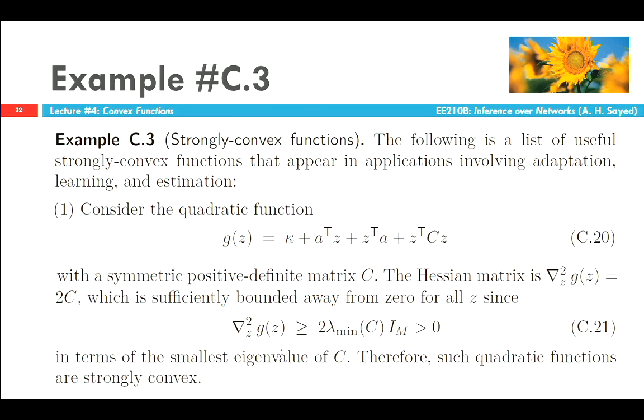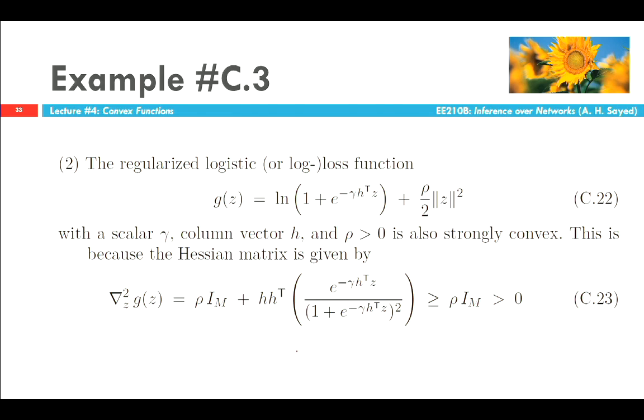You see it here. So it is nu strongly convex, and what's the value of nu? 2 lambda min of C. So quadratic functions where C is positive definite and symmetric are necessarily strongly convex. Very good. And we know the value of nu.